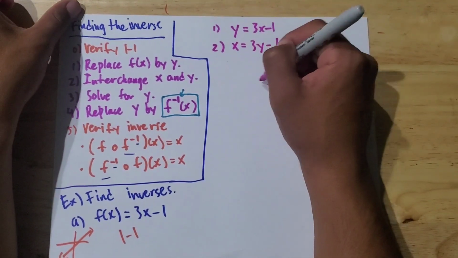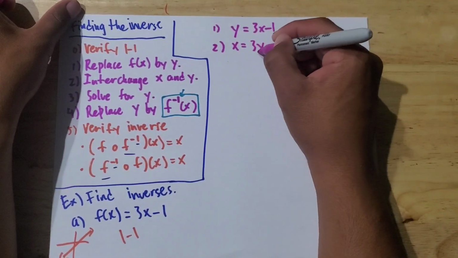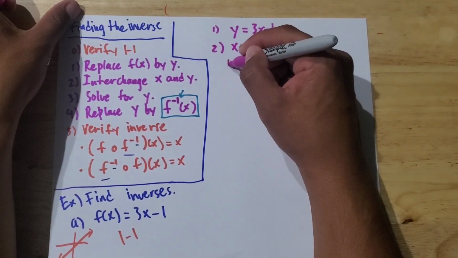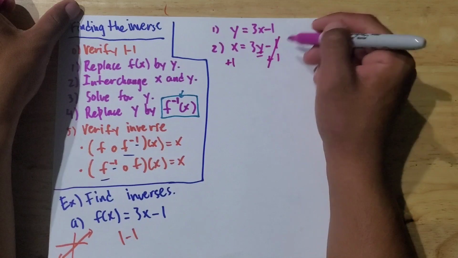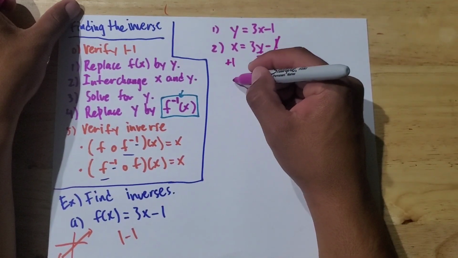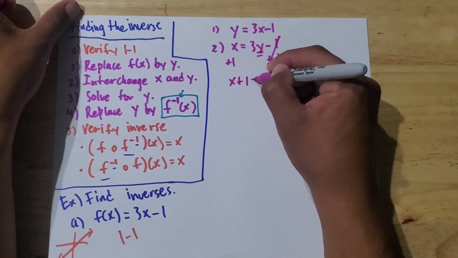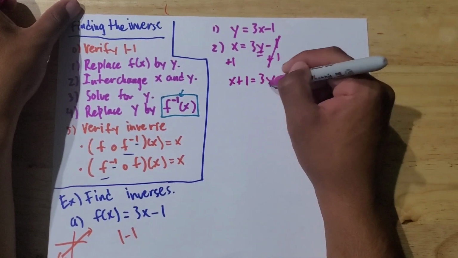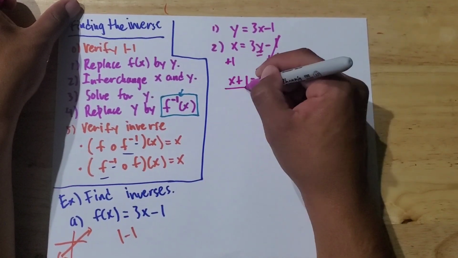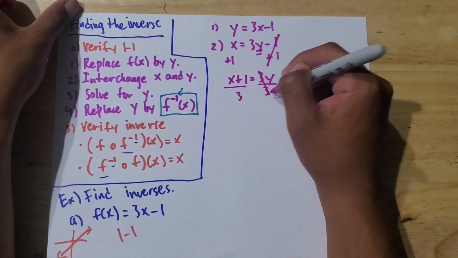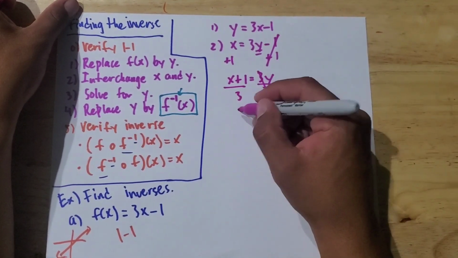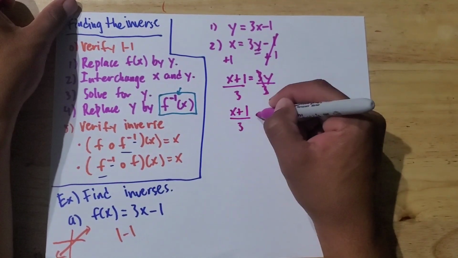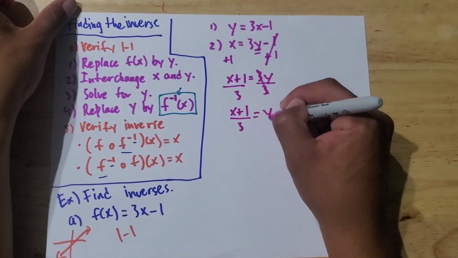Now step 3 is isolating this y. So to do that, I need to add 1 to both sides. The 1's cancel here. I'm left with x plus 1 equal to 3y. And then to get y completely by itself, I need to divide both sides by 3. Leaving me with x plus 1 over 3 equal to y.